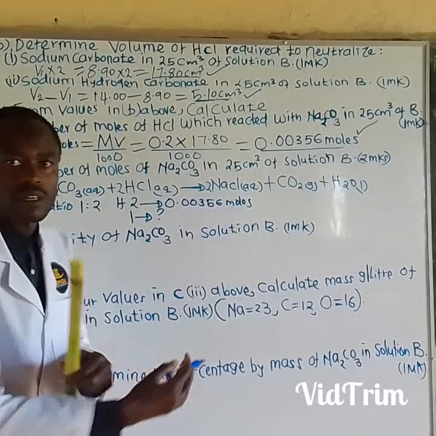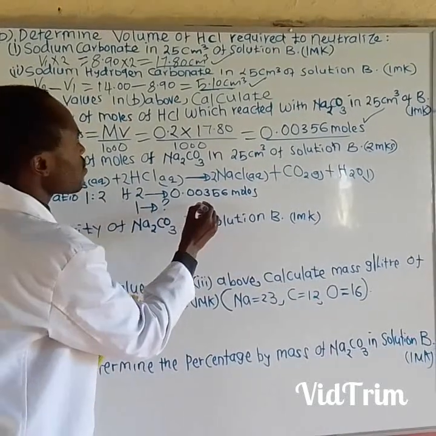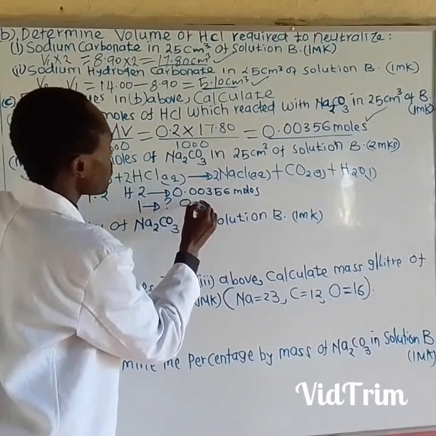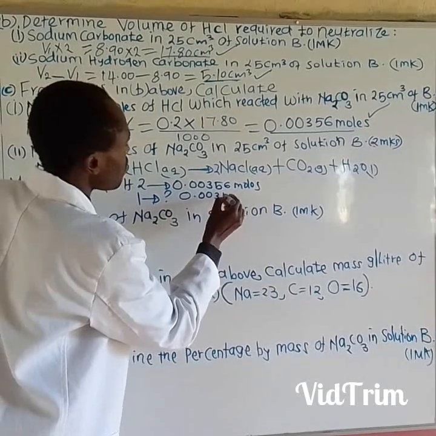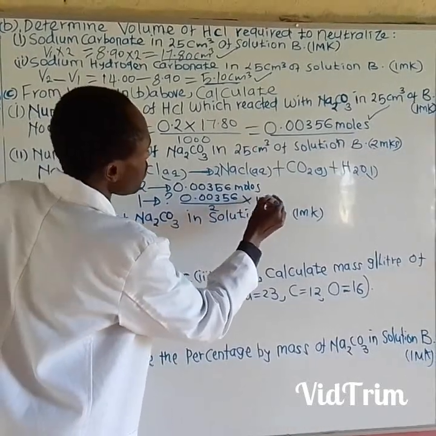So ratio 1 will give us which moles? This is about cross multiplication. Is it okay? So what you do, you take 0.00356 divided by 2 times 1.